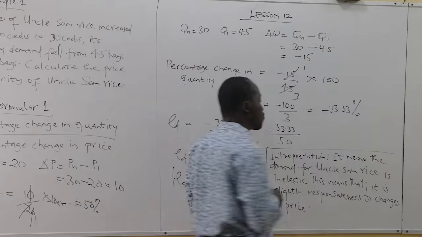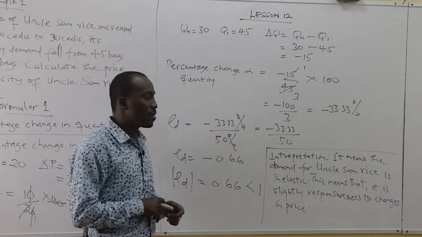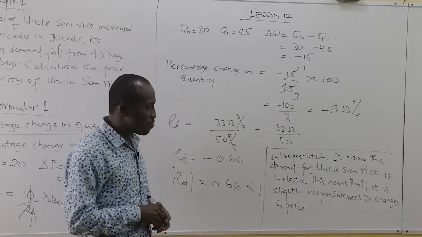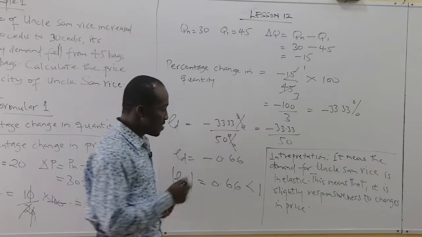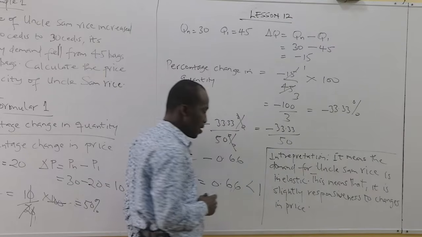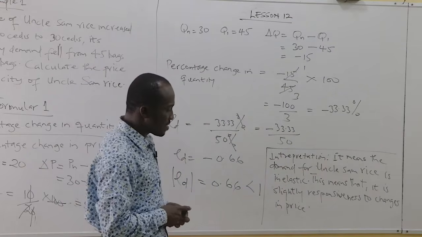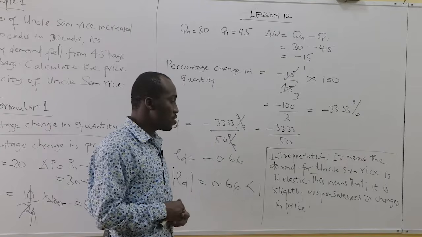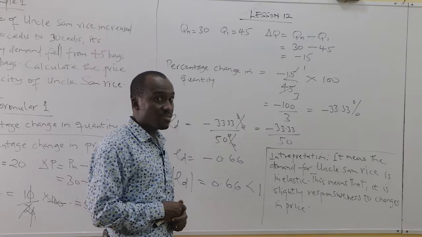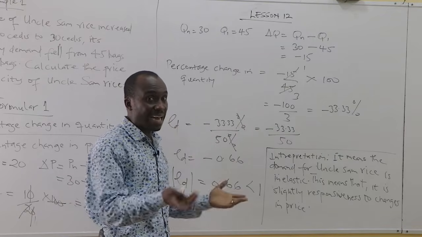So I told you that when the elasticity is less than 1, it means that the commodity is inelastic. So the demand for Uncle Sam rice is inelastic. What does it mean? That it is slightly responsive to change in price. So even if the price increases, Ghanaians will still be buying. Only a few people stop buying, but they like the rice.